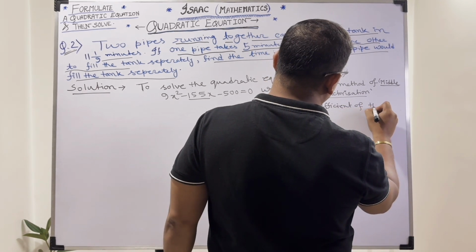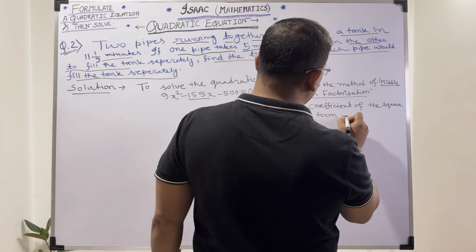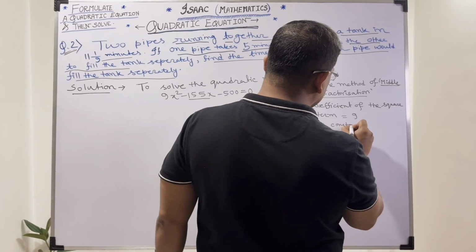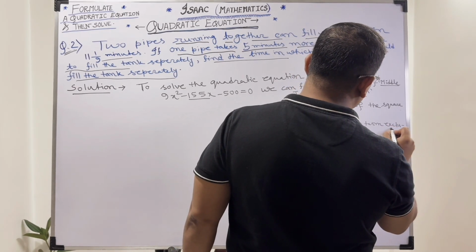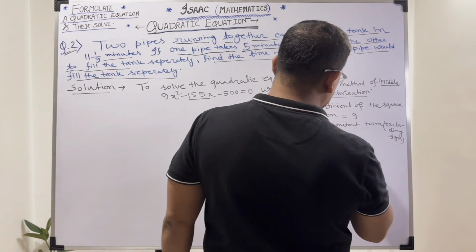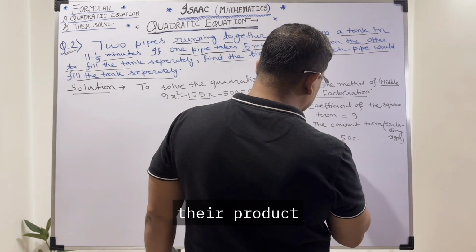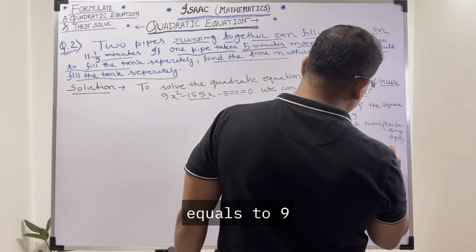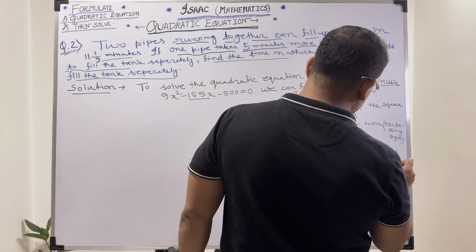Coefficient of the square term equals to 9. The constant term excluding sign equals to 500. Their product equals to 9 into 500 equals to 4500.